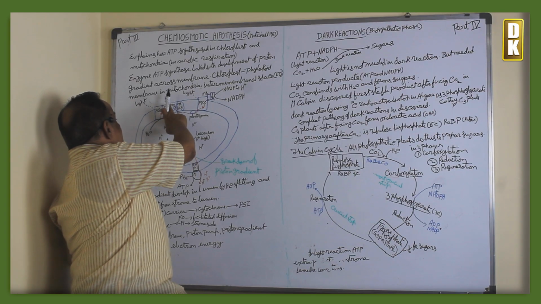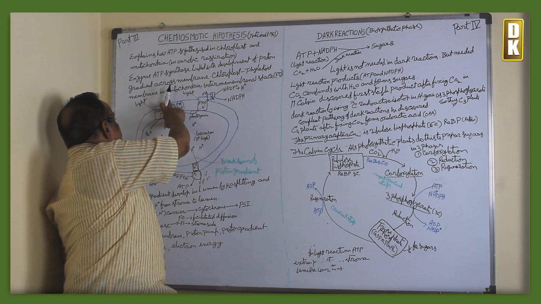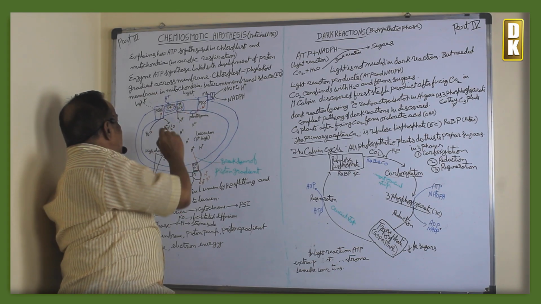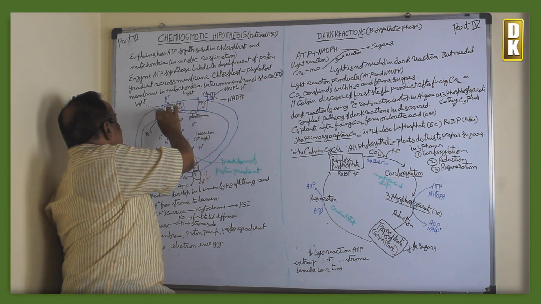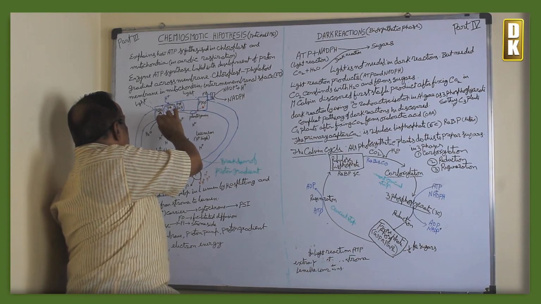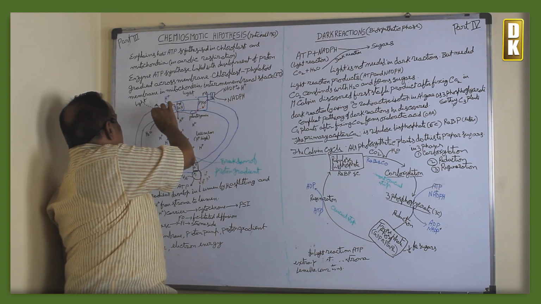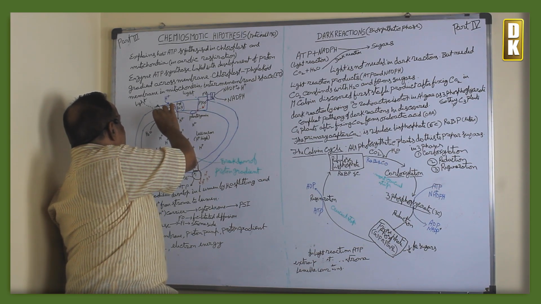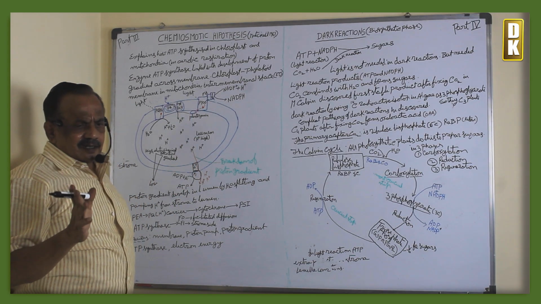Plastoquinone has the capacity to take a proton from the stroma side. The electron came from photosystem 2 and is captured by the primary electron acceptor, which we used to call pheophytin.